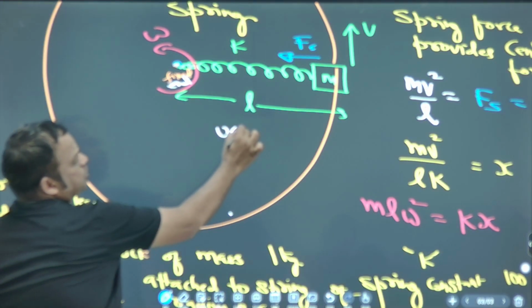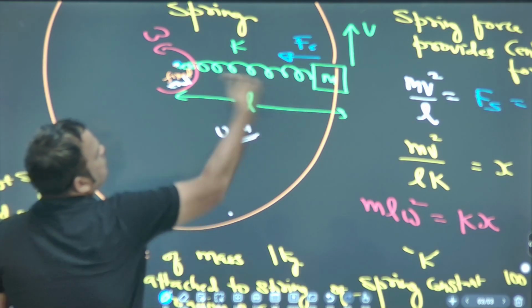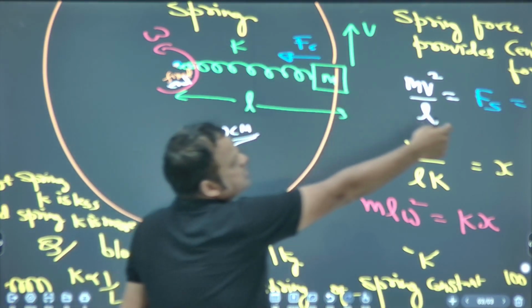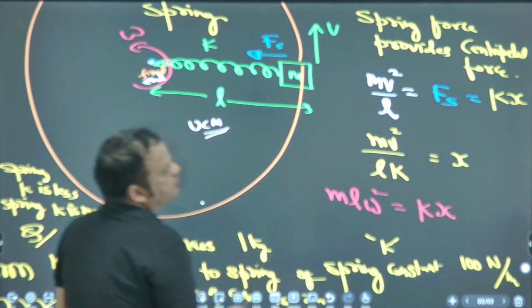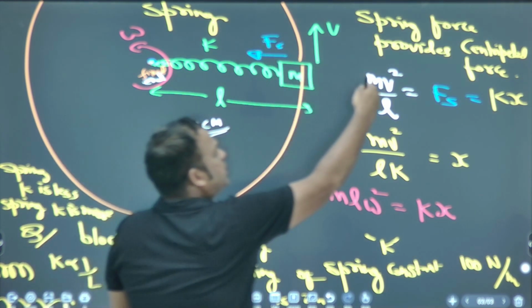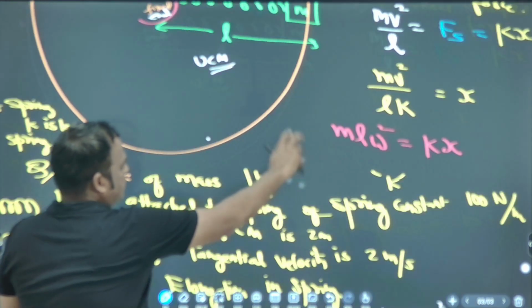What type of circular motion? Uniform circular motion. So what is the formula for spring force? Kx. Spring force is equal to Kx, and the centripetal force is spring force. So centripetal force is mv square by l. Okay, so mv square by l is equal to Kx.